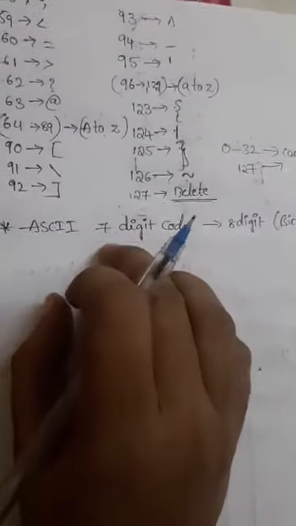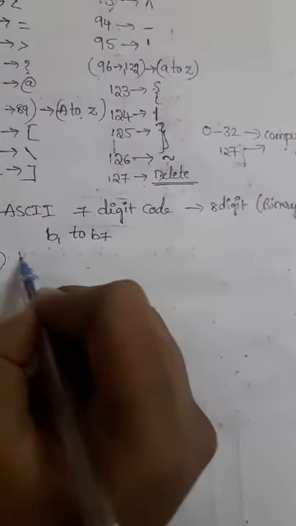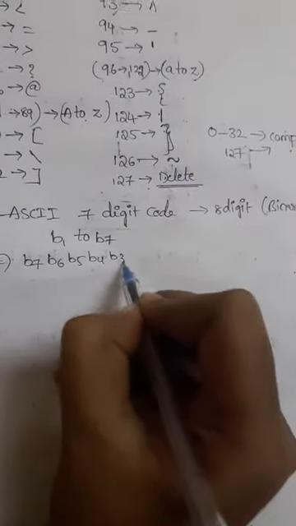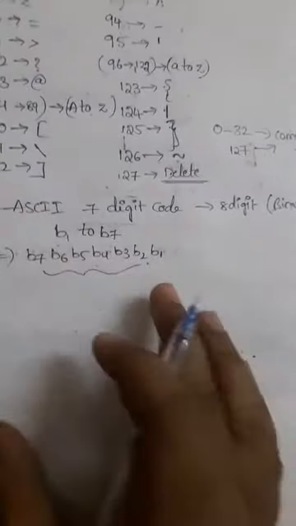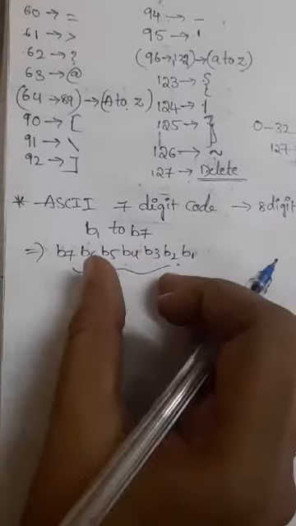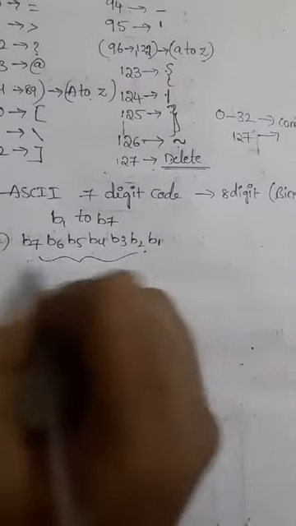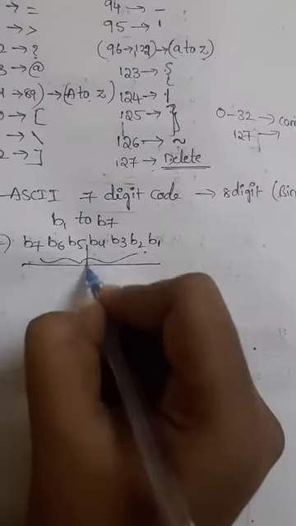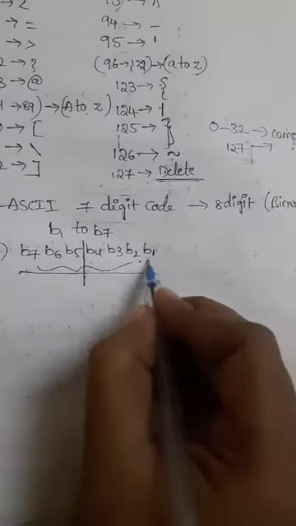So these 7 bits of code are designated by B1 to B7, like this: B7, B6, B5, B4, B3, B2 and B1. So this is the 7-digit code of ASCII code. To take any binary number in ASCII code, that 7-digit code we can divide into parts.